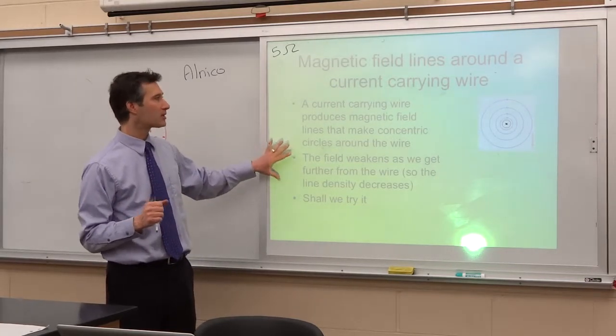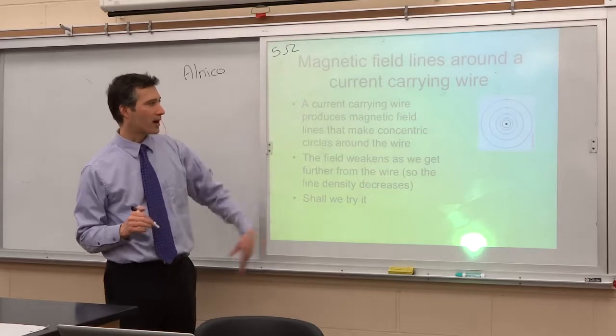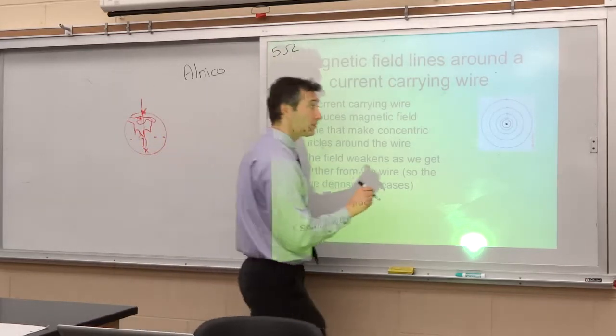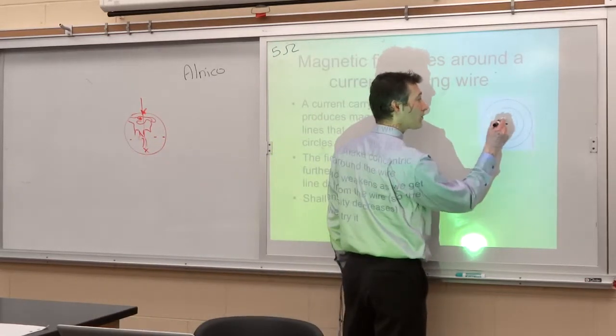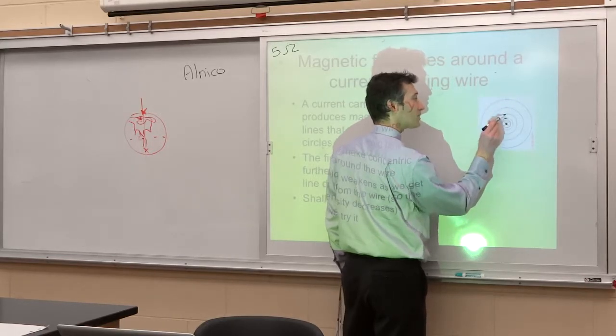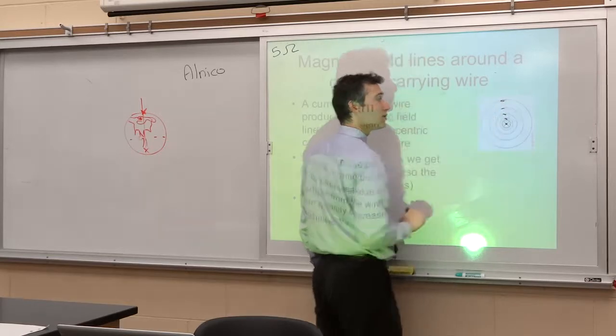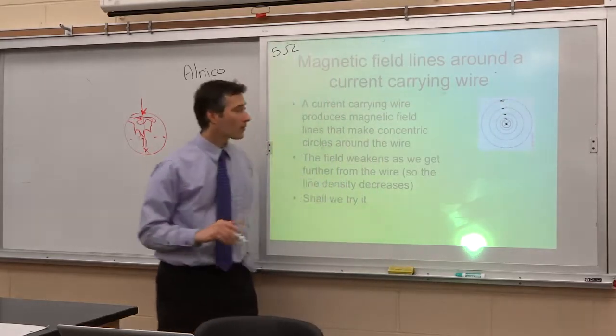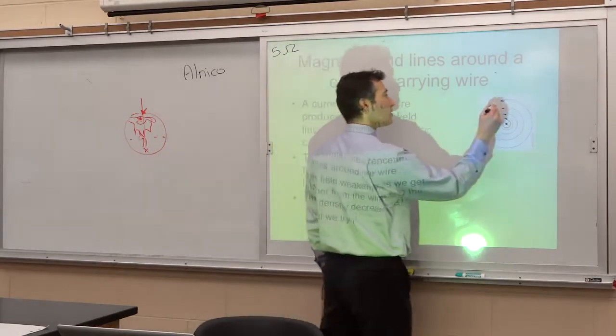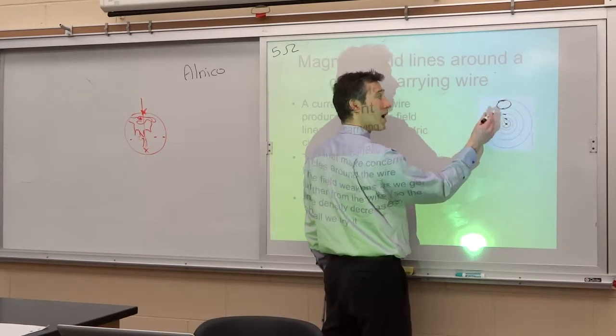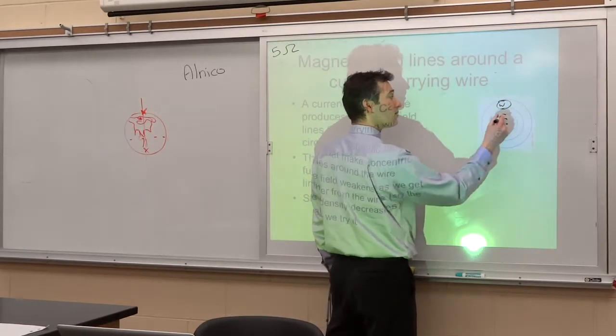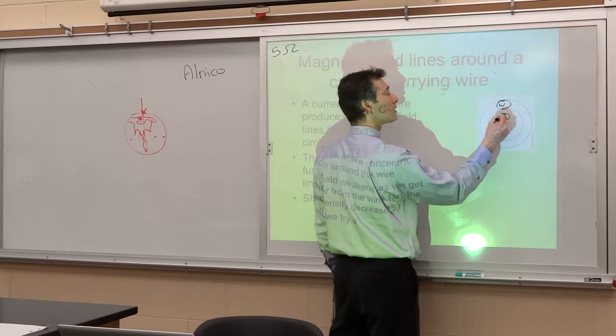And there's a couple of things that we want to be able to recognize from this diagram. Number one, it is meaningful that there is less space between these two field lines than there is between those two field lines. The magnetic field further away from the wire should be weaker. The magnetic field closer to the wire should be stronger.